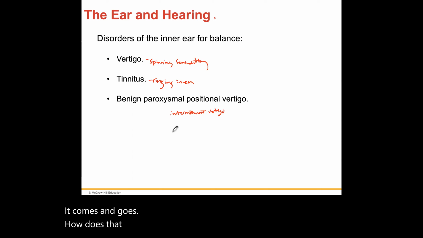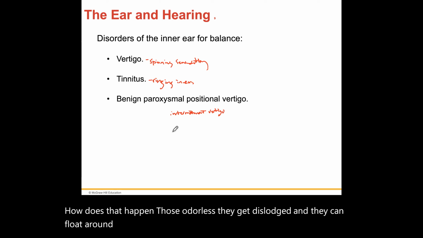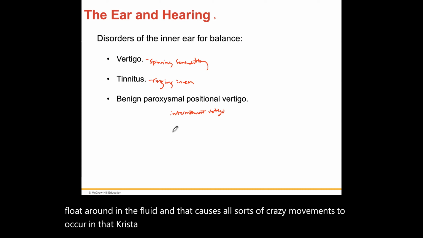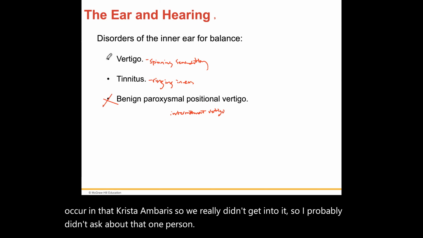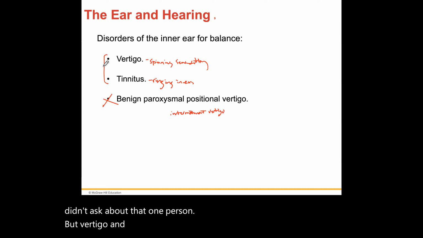Those otoliths, they get dislodged and they can float around in the fluid, and that causes all sorts of crazy movements to occur in that crista ampularis. So we really didn't get into it, so I probably didn't ask about that one per se. But vertigo and tinnitus, these I would know. I would know those two.